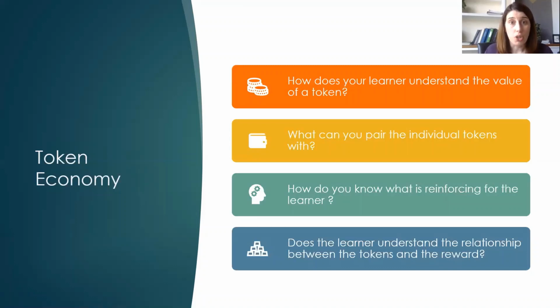So what do you have to do? You need to pair the initial token that's been earned with a higher level reinforcement. A quick edible snack, Goldfish, a little baking M&M, anything that is appropriate for your student to earn.